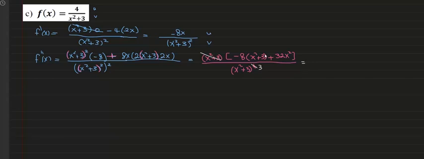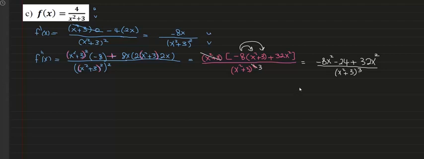And we might distribute the negative 8 here inside, because now we are left with that squared bracket in the numerator. So we will have the negative 8x squared, and then the minus 24, and then the plus 32x squared, right? And in the denominator we are going to have the x power 2 plus 3 raised to the power of 3 now.